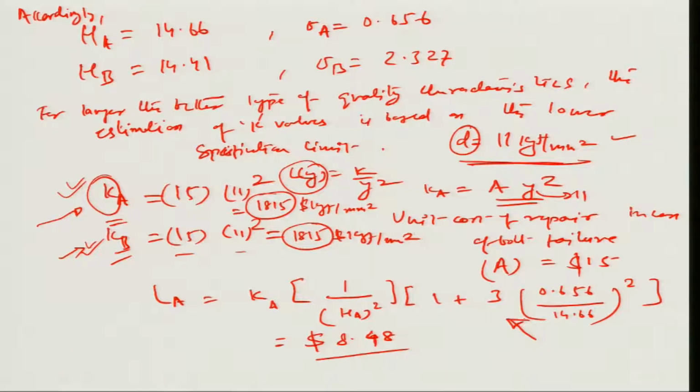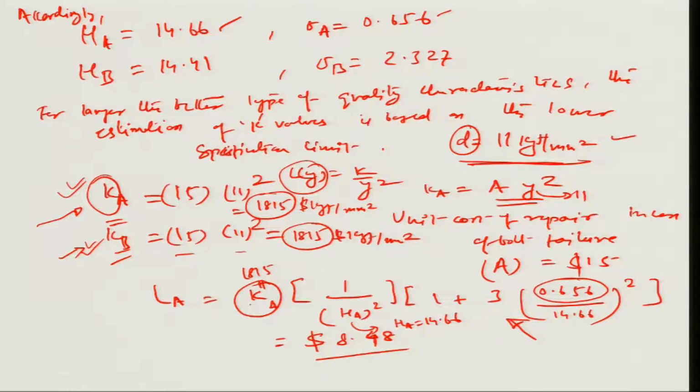Okay. So, we have merely put the value of mu A to be equal to 14.66, put the value of sigma A to be equal to 0.656 as you have seen earlier in these calculations, and the Ka value has been borrowed to be 1815 from the earlier step.